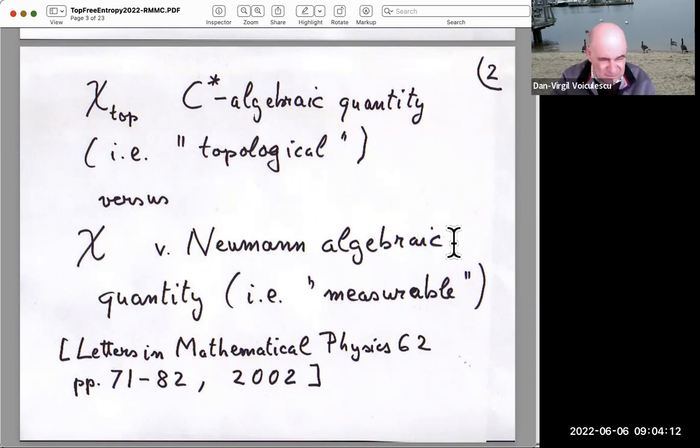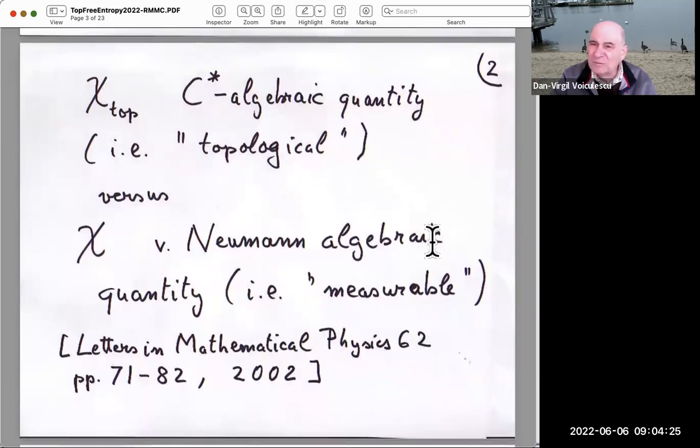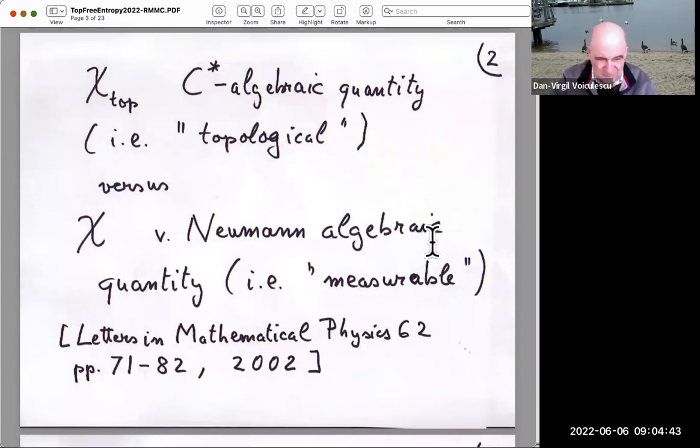And my not so recent paper about that is in Letters in Mathematical Physics, this little paper in 2002. There are a lot of questions, and I'm going to present also a number of questions. So I'll explain a little how this works, the definition of the topological free entropy, and then also some of the questions.